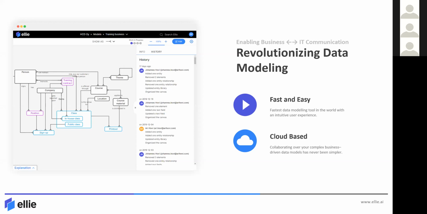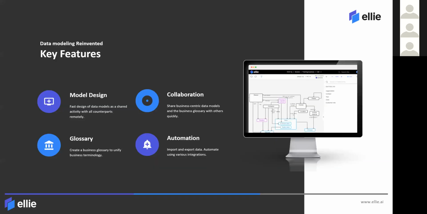It's easy to share models and glossaries and all kinds of content with your entire organization. The idea is that this kind of modeling is collaborative at its core. And what Ellie does as a tool is, of course, model design, and I'll show you in a brief demo very shortly how that works in practice. But it's not just drawing those models. It's also tightly interlinked with the glossary. Ellie has a glossary of business entities that you define as you model things, and then you have the models that you create that utilize those business entities.